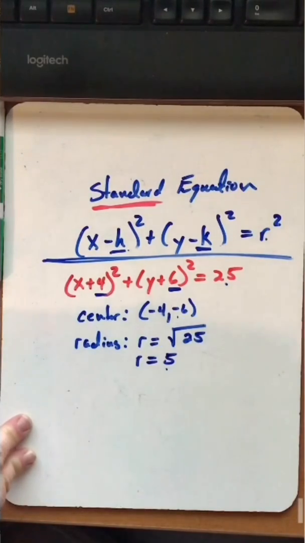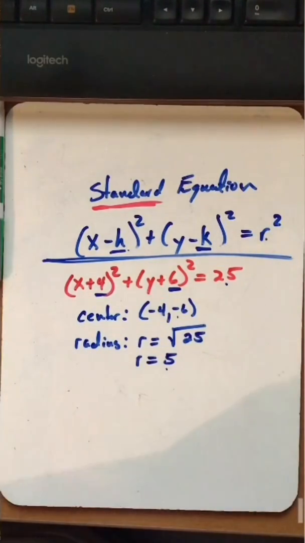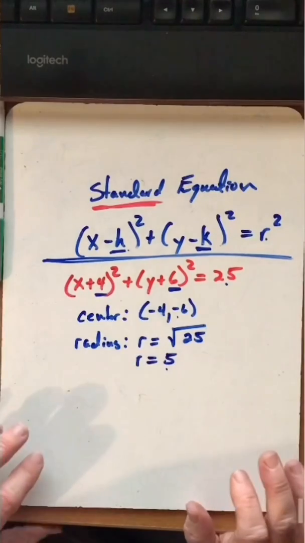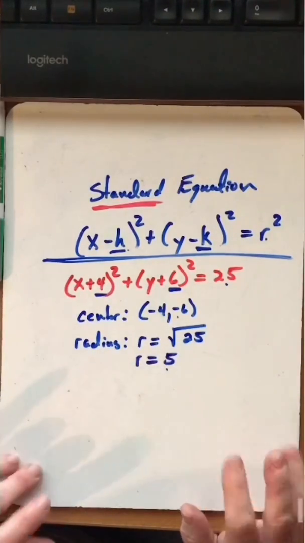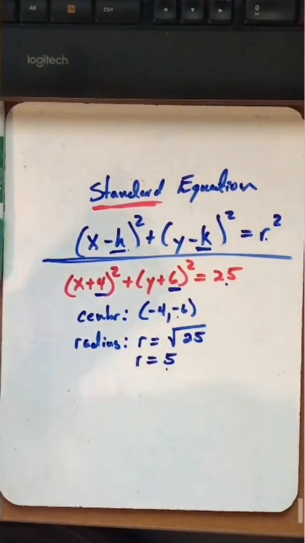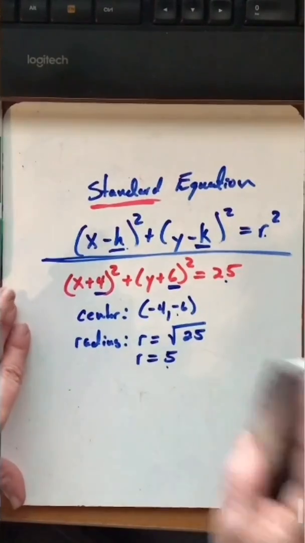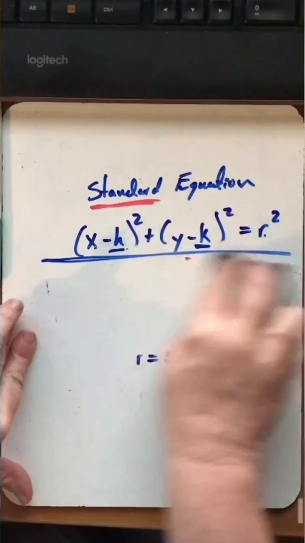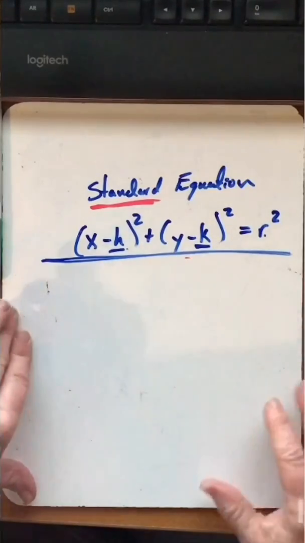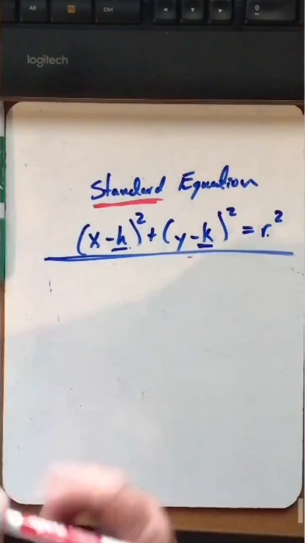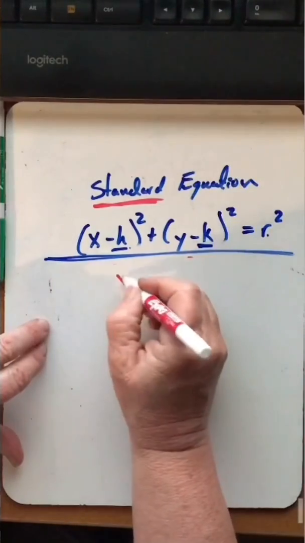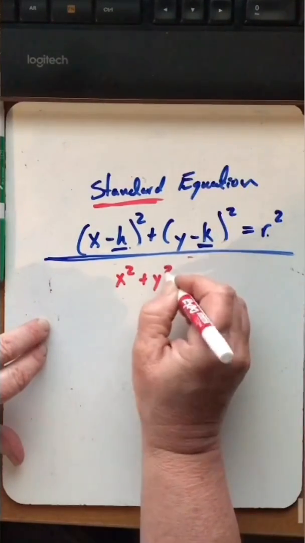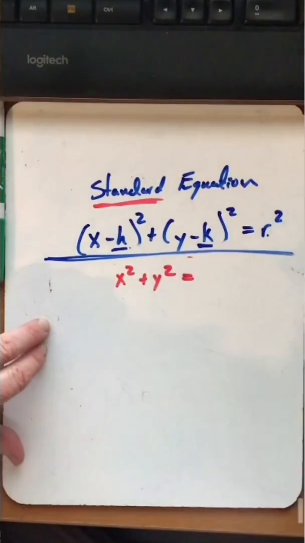The only other thing that I can think of, and I want you to look at, is if you are given an equation that looks like this. We'll look at it both ways. So if this is your standard form of the equation, what if you're given this as your equation?